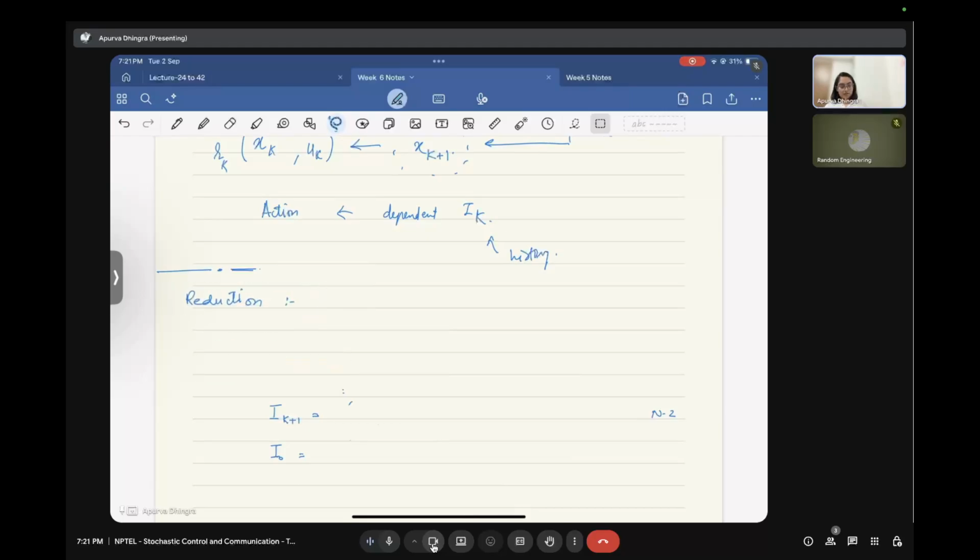The reduction is, this is just z0, right? This is the ik plus 1: the information in the previous time step, the action taken in the previous time step, and the observation made in the current time step. Now this part can be treated as a new state.